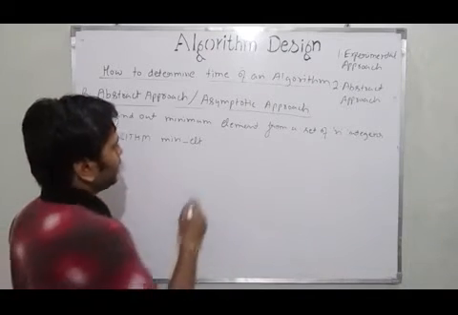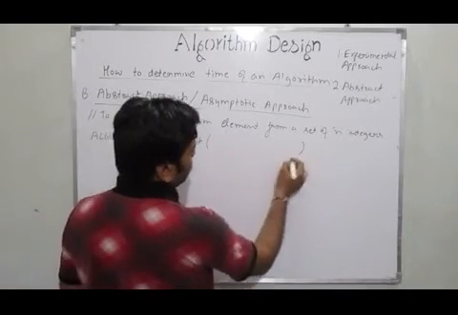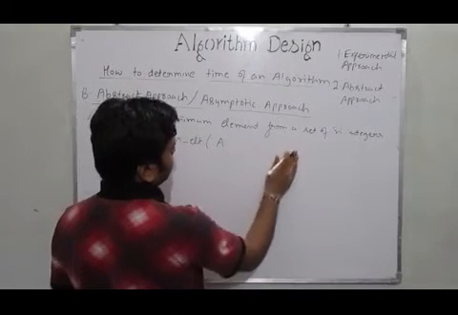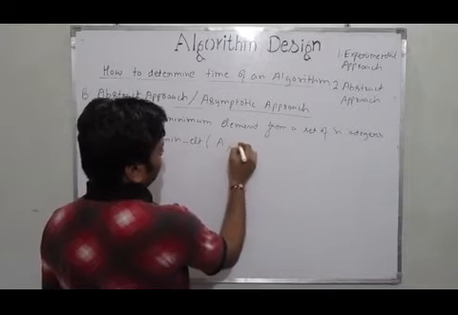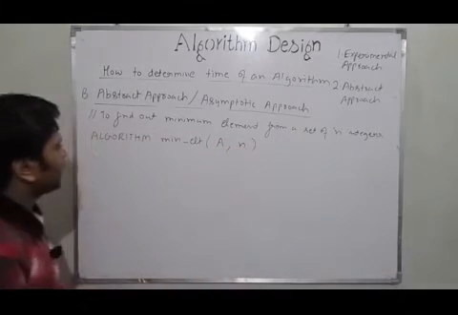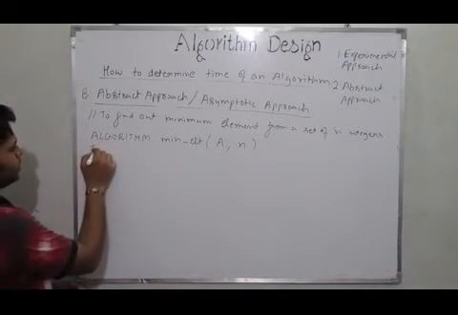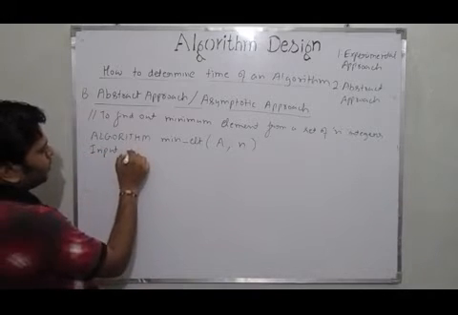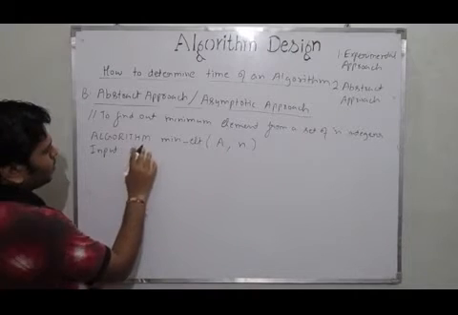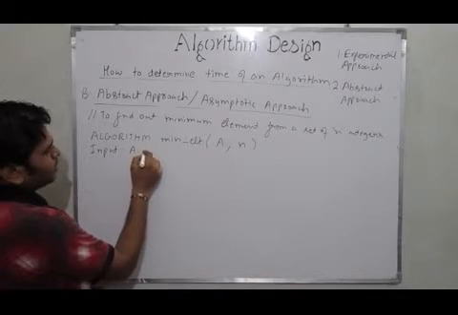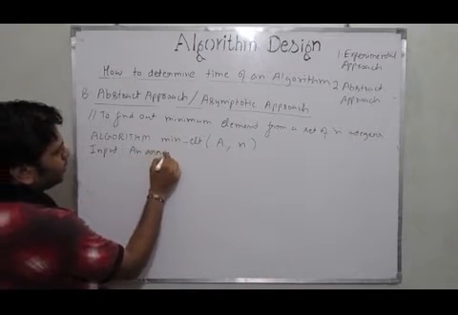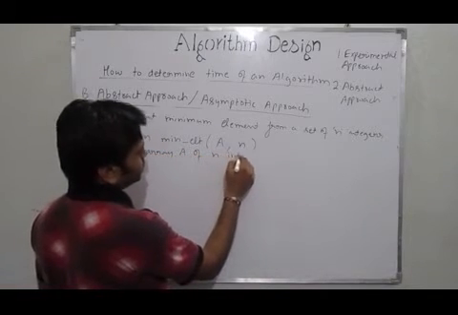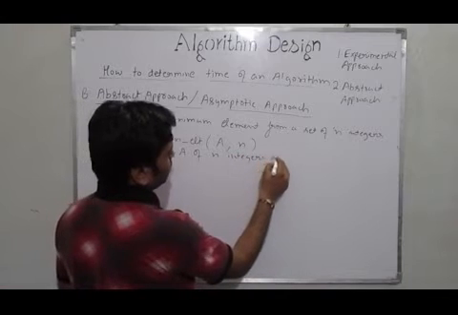And the parameters that I want to take are a and n, and I have to define these parameters under the input section, where an array a of n integers is taken.